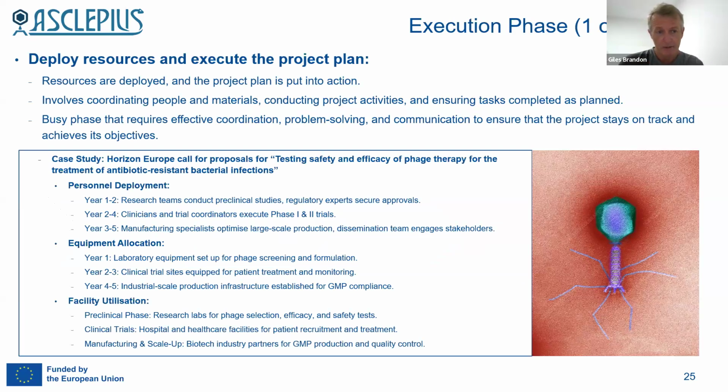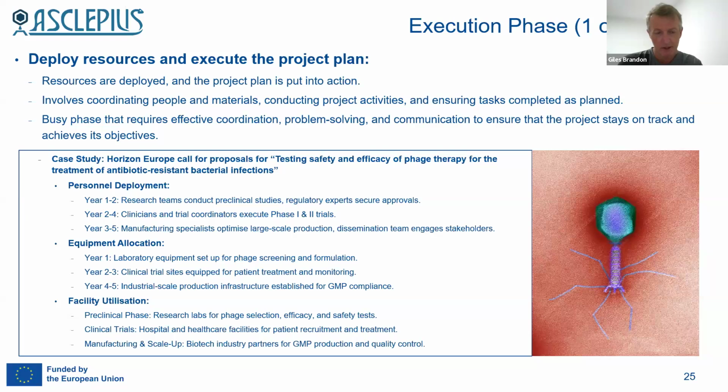For this case study, if we think about personnel deployment, you're going to need the research teams during years 1 to 2, who are going to conduct the preclinical studies, and regulatory experts that secure approvals. So you're going to need to make sure that you're recruiting them if you don't already have them in your teams. Later on in the project, years 2 to 4, you're going to need to make sure you've got the clinicians and trial coordinators at hand to execute the phase 1 and 2 trials. So you need to think in advance of that.